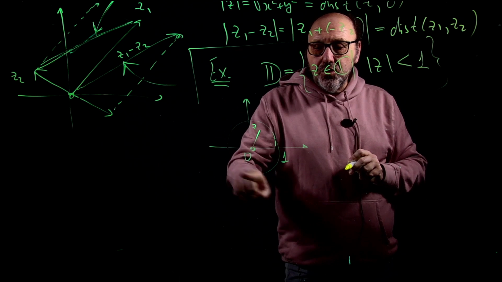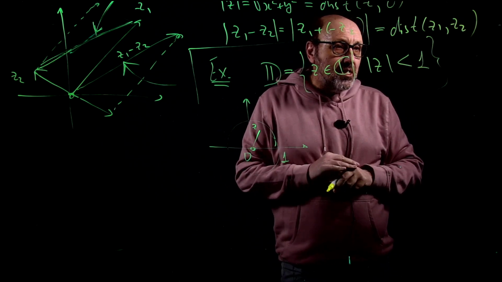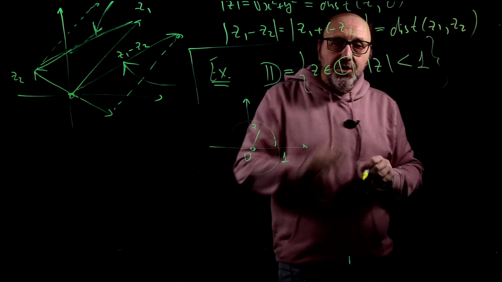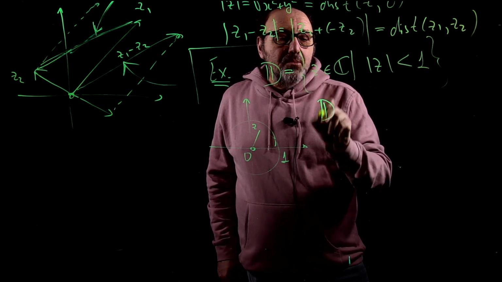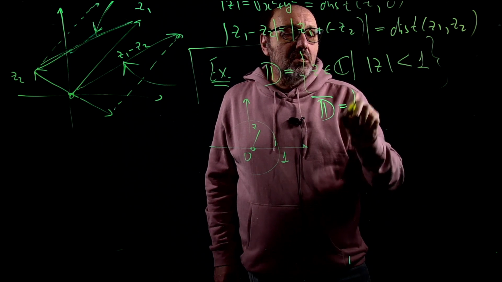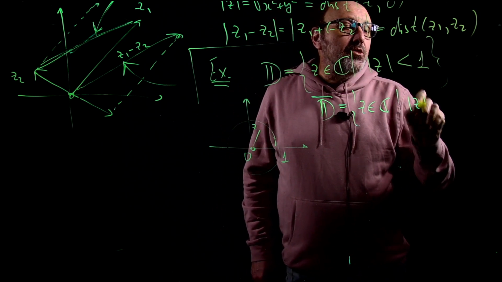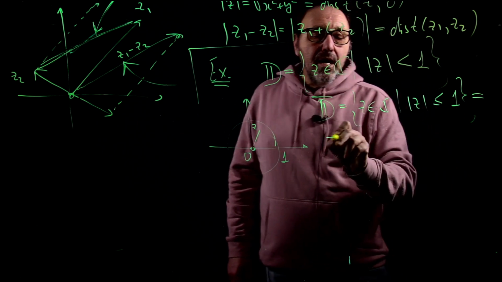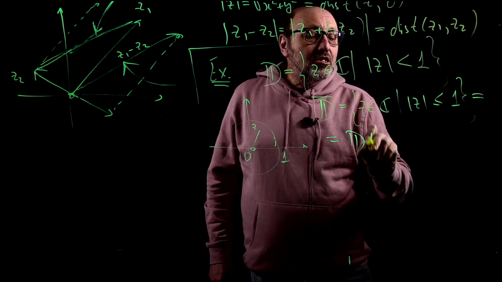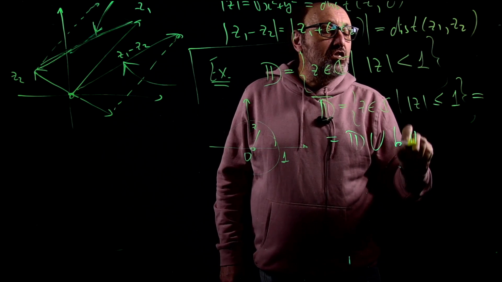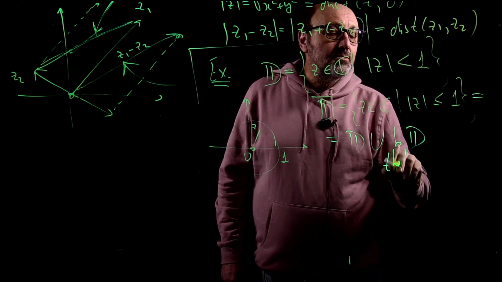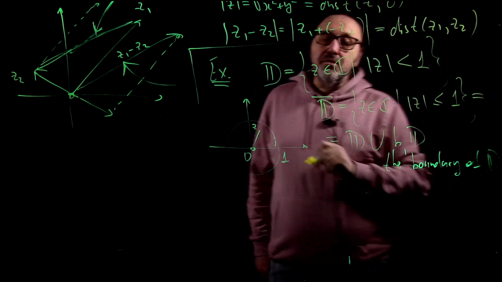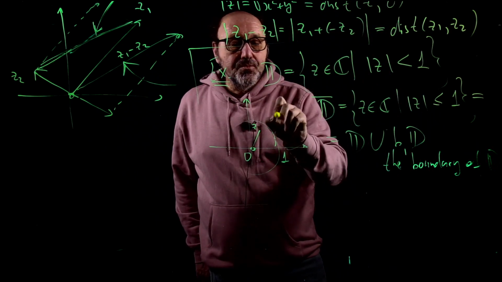The boundary of the unit disk does not satisfy this assumption because you have equality here. Sometimes we use the closed unit disk when the inequality is not strict. This means that we add to the unit disk its boundary, the boundary of the disk, which of course is the unit circle.